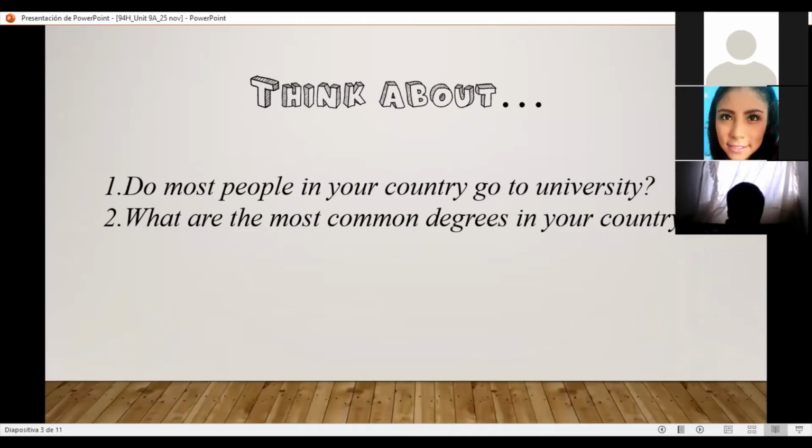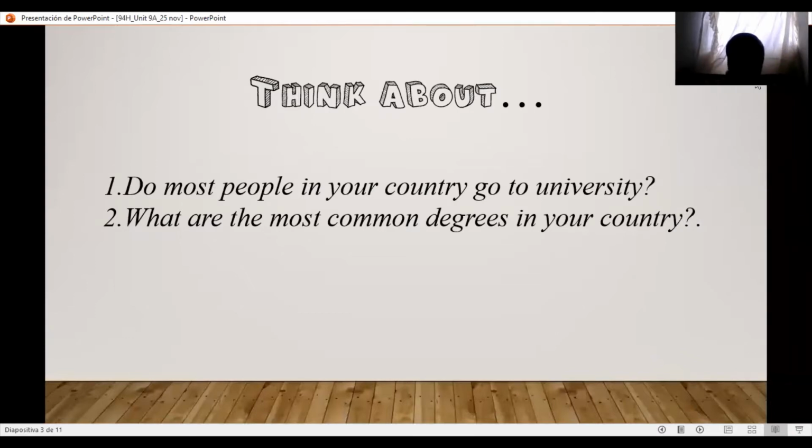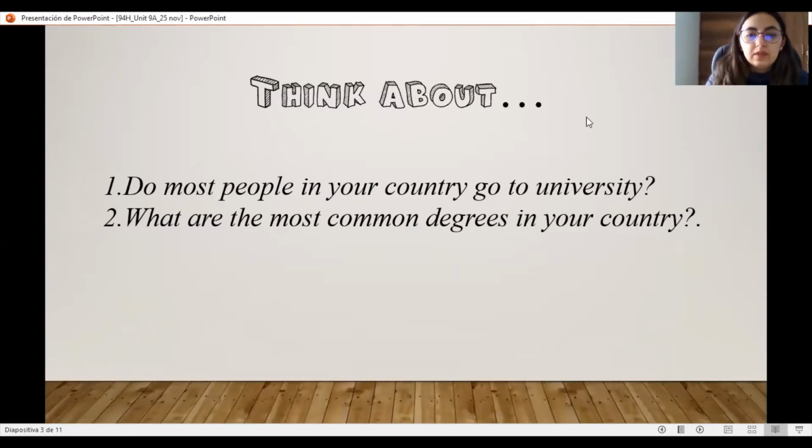One, do most people in your country go to university? Two, what are the most common degrees in your country? Exactly. What are the most common degrees in your country?